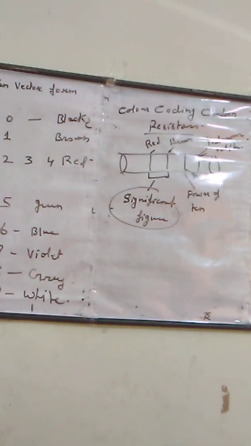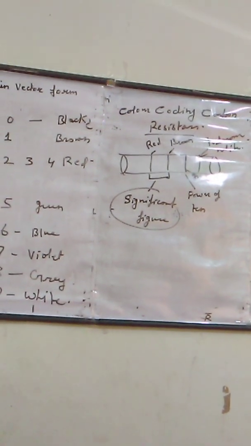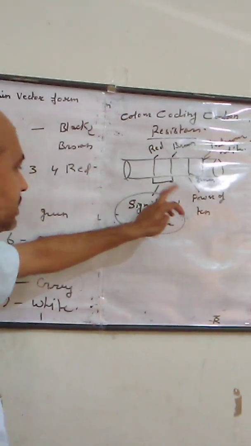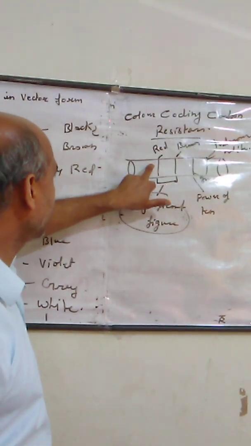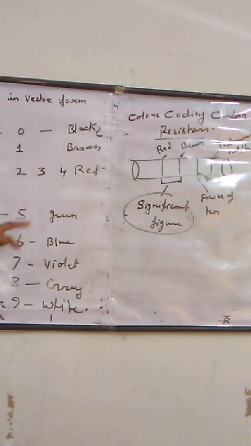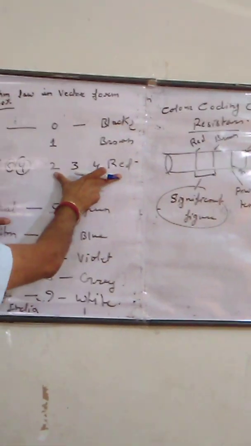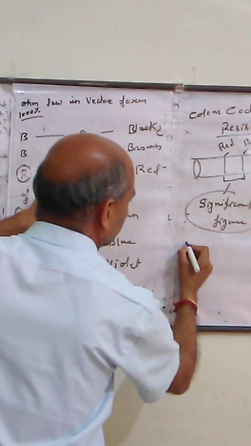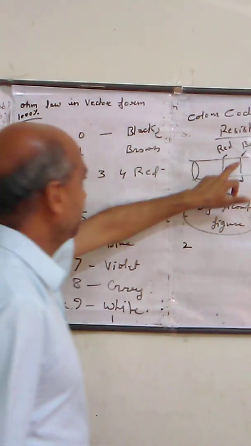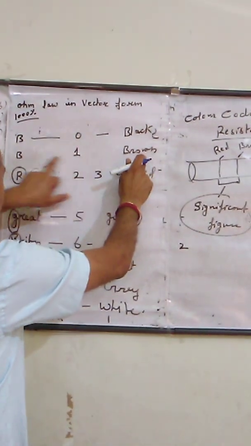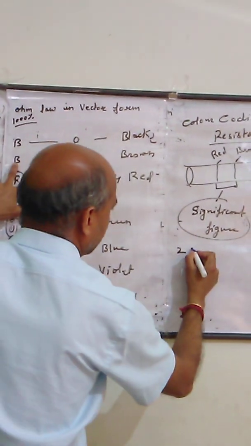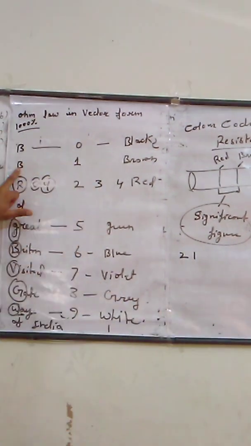So these are the colors which are given. These two bands represent significant figures. So red: red means this R, so that means 2. So write 2 here. Second is brown, and brown means 1.